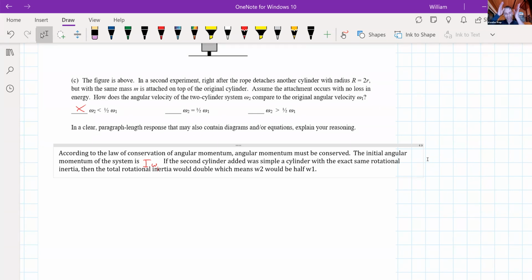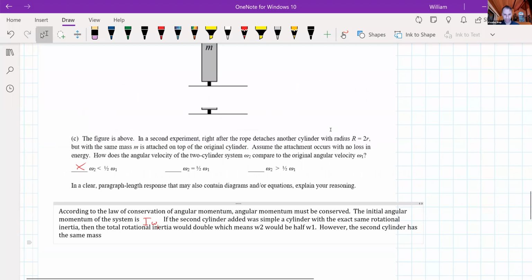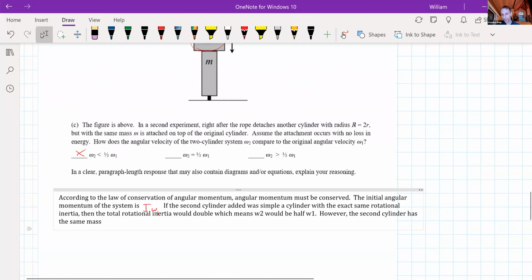So I speak with equations when I can, and then I expand upon those equations as I speak. All right, but here's the thing. However, the second cylinder has the same mass, but here we said twice the radius. I'm just going to improvise from here.